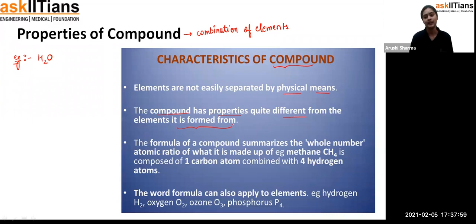Now the second point says that a compound has properties quite different from the elements it is formed from. Like water, which is made up of hydrogen and oxygen.